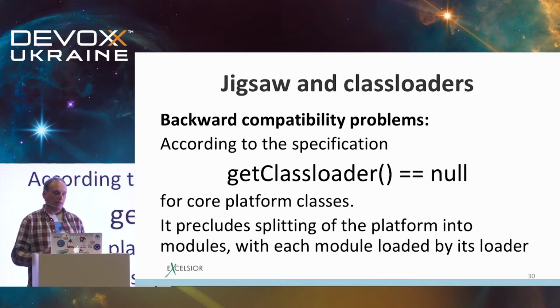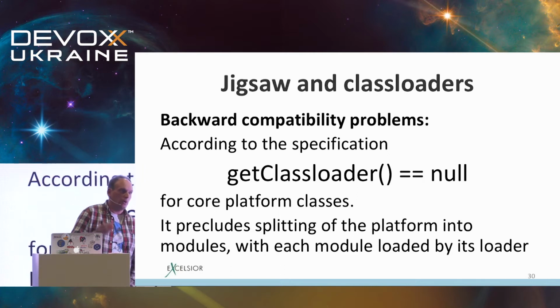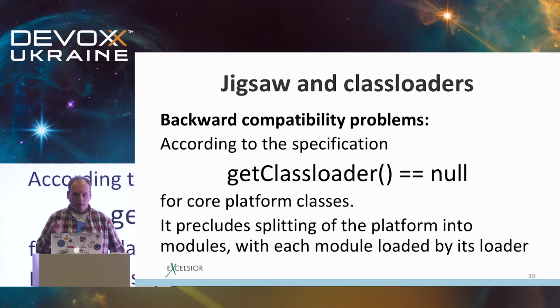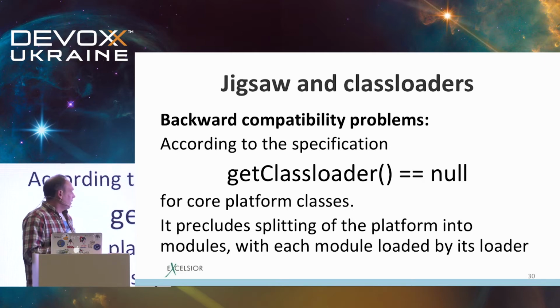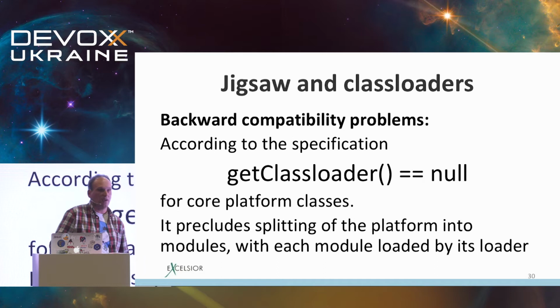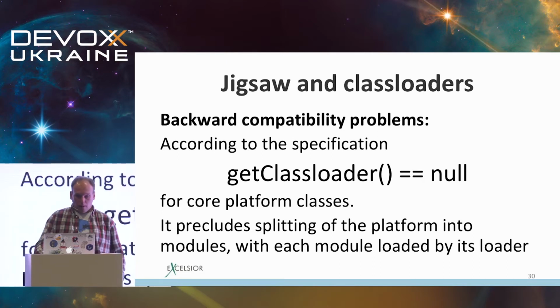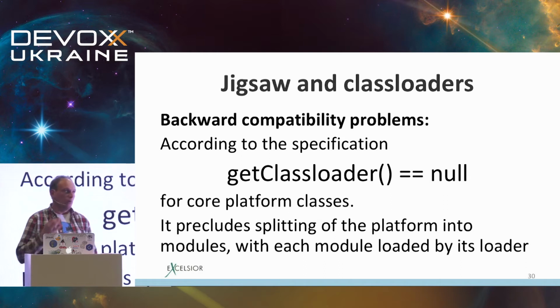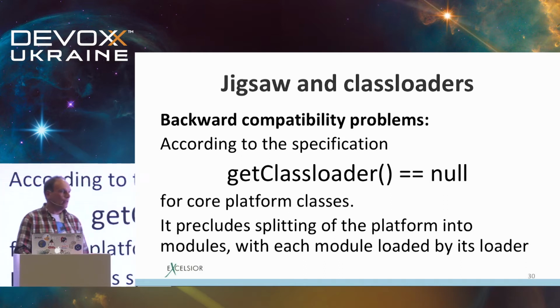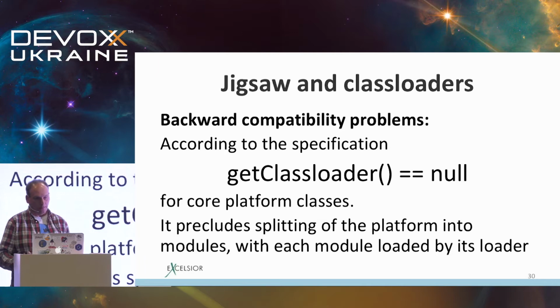But it claimed that getClassLoader should return null for platform classes. So changing that behavior would violate Java's specification, and backward compatibility, directly. Backward compatibility is still a holy cow for Java.